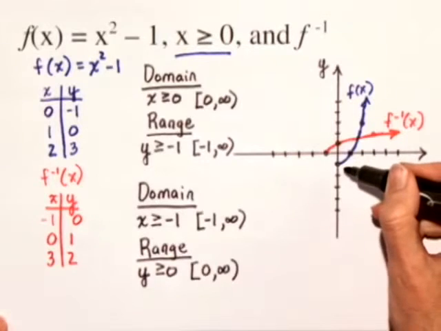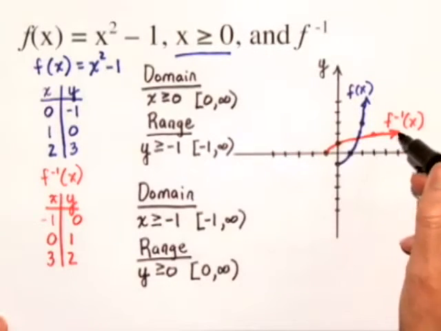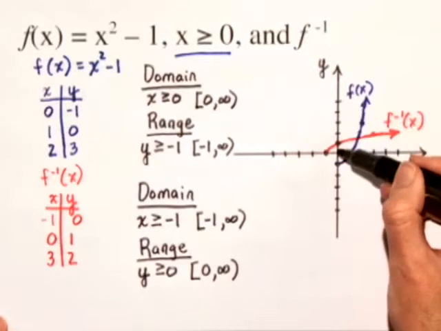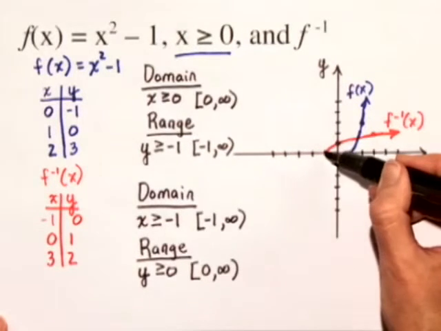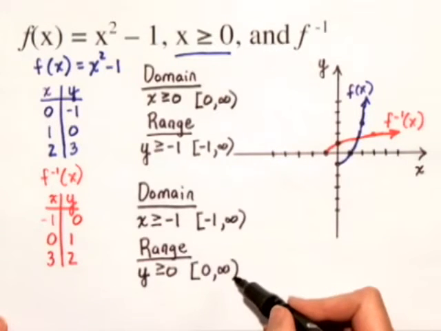Let's look one more time at our graph. Notice that this graph in red is what I'm talking about. The y values do go as low as a value right here of 0. So the lowest y value I see has a value of 0, and then the y values are greater than that. So from 0 to infinity is the range of that inverse function.